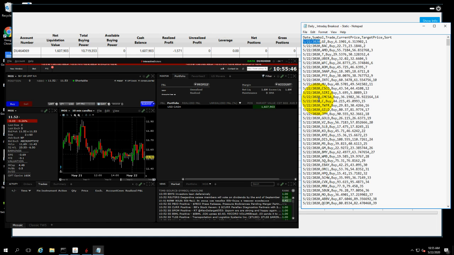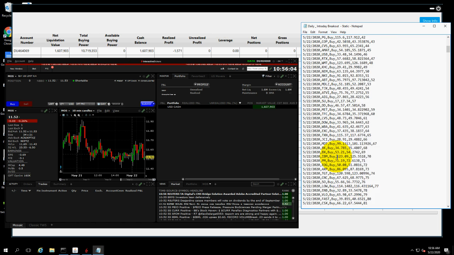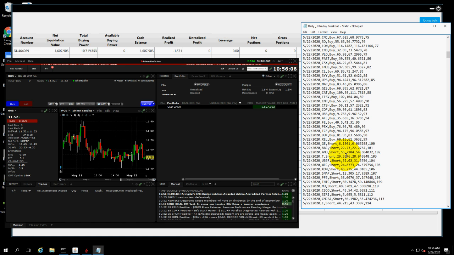But since the market is bear, it will not take these buy positions. It's a static list, so it's the same set of stocks. It starts from GE on the buy side, as you're seeing, and I think it continues up to here, which is XCL on the buy side.